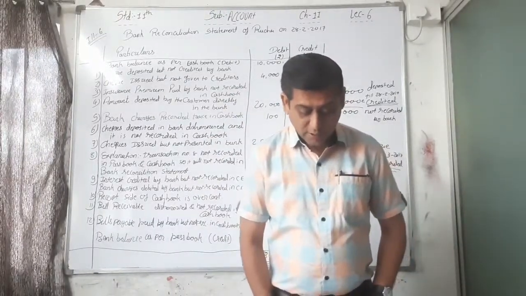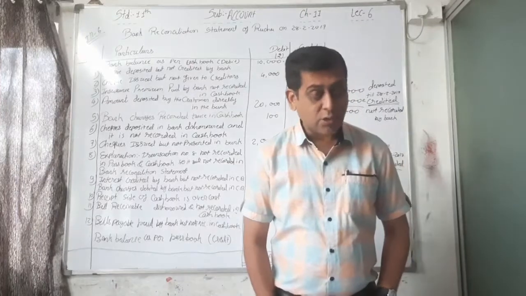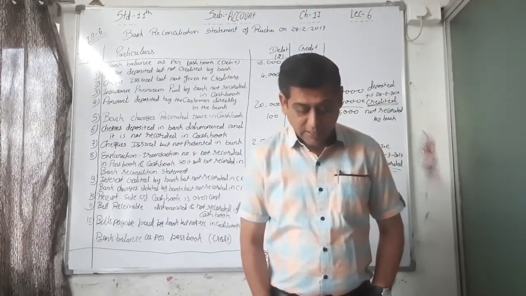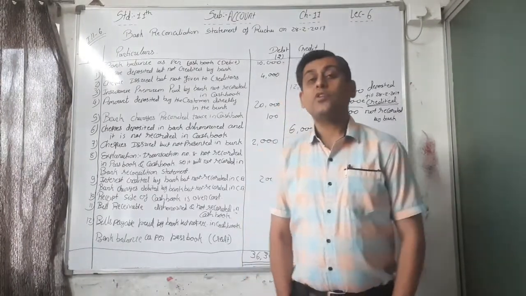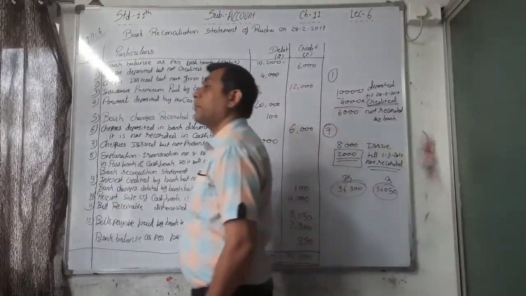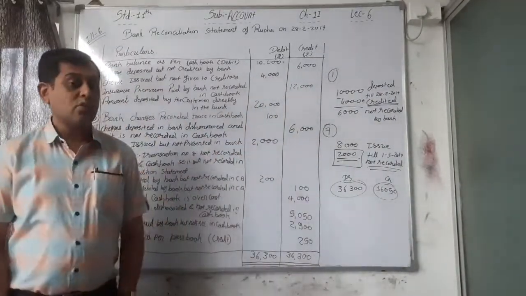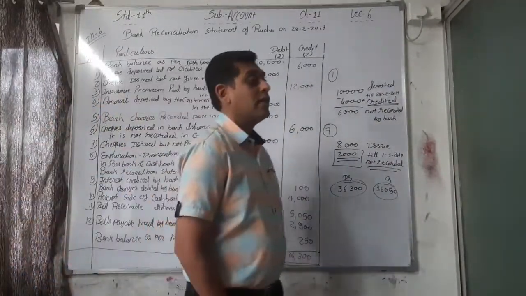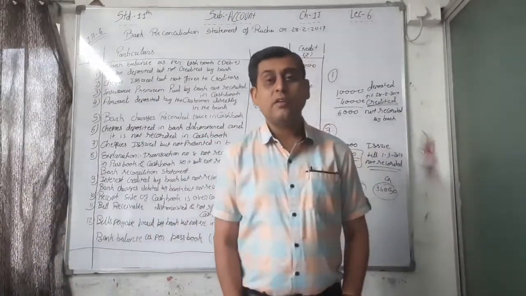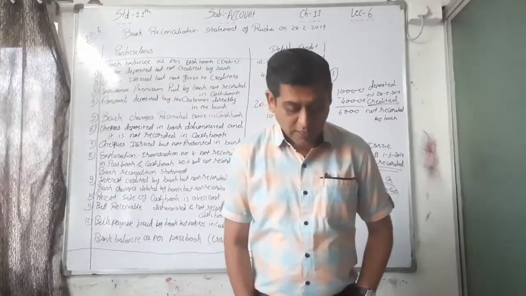Next, the eighth point, cheque drawn, that is issued, but not presented for payment. Cheque issued but not presented, the bank has not done this, that's why DCID. Here issued, that's why debit.